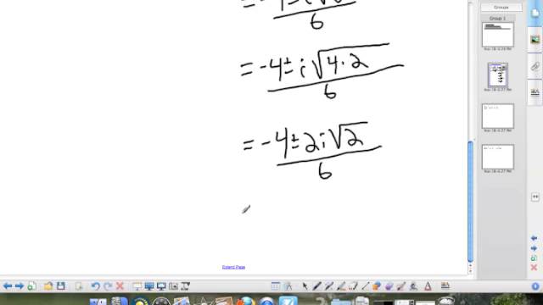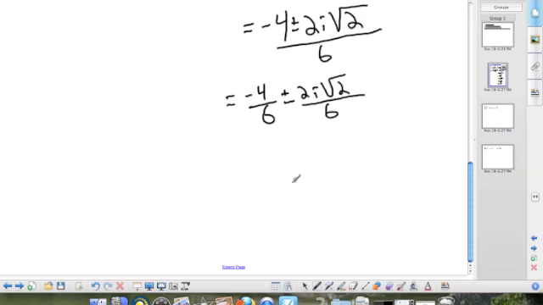Now we have to simplify even further, because it's negative 4 over 6 plus or minus 2i square root 2 over 6. Simplifying negative 4 over 6, we will get negative 2/3 plus or minus 2 over 6 reduces to 1/3. So we have 1i square root 2 over 3.